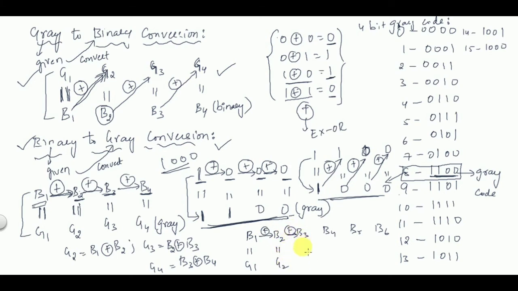XOR these two and you get G3, then G4, then G5, and finally G6. You can extend this concept of conversion to any number of bits. So this is about gray code.